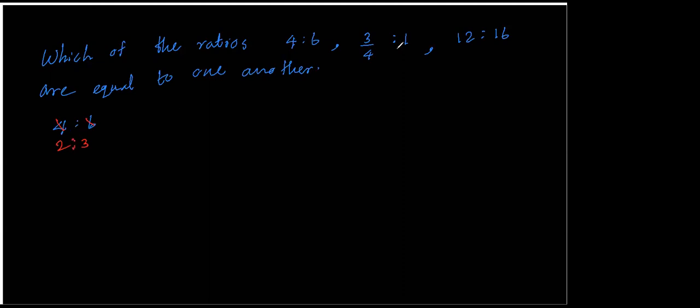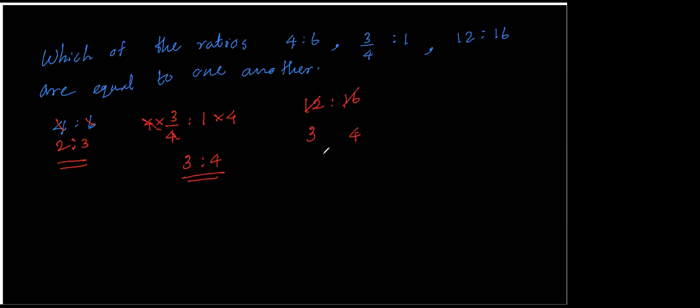Now you can simplify this also. 3/4 to 1. This side also by 4, this side also by 4. 3 to 4. Then now simplify this, 12 to 16. How many threes are here? 3. How many fours are here? 4.